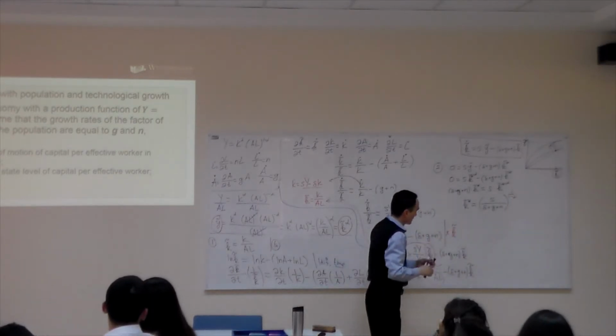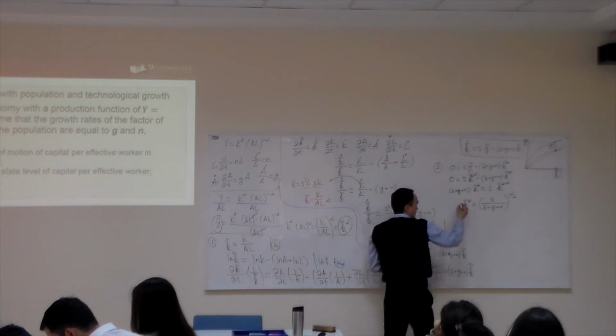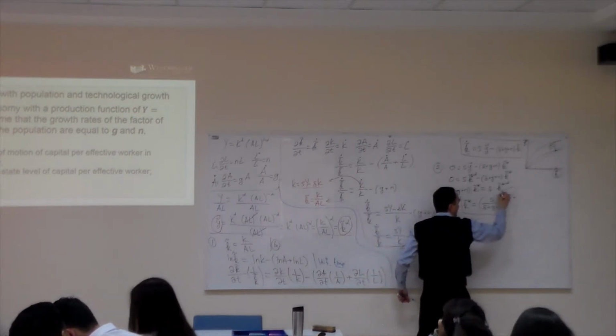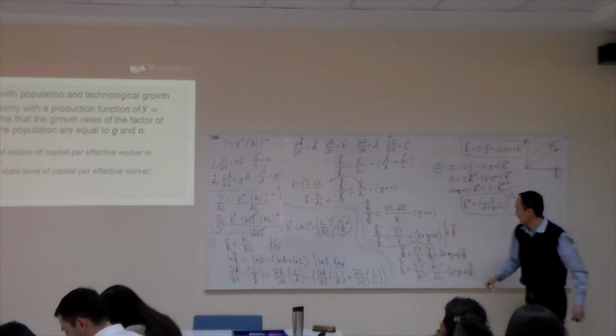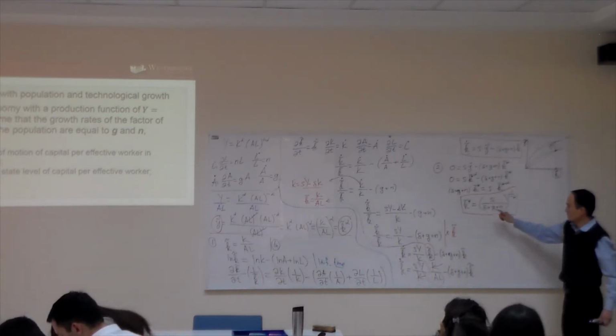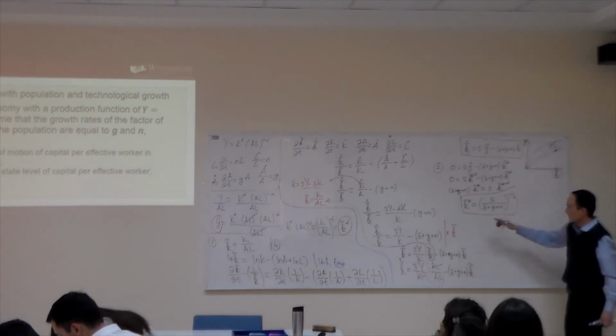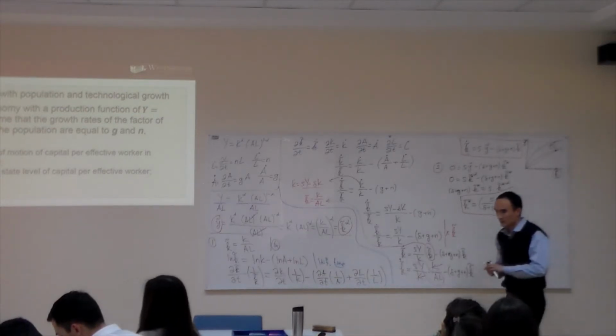It is the steady state level of capital per effective labor expressed with all exogenous variables, okay? These are all given: saving rate, depreciation, growth in population, and growth in technology. So now this is the steady state level of capital per effective labor.